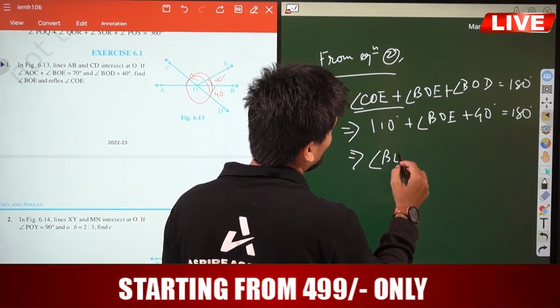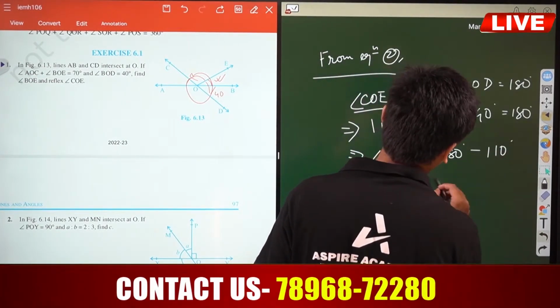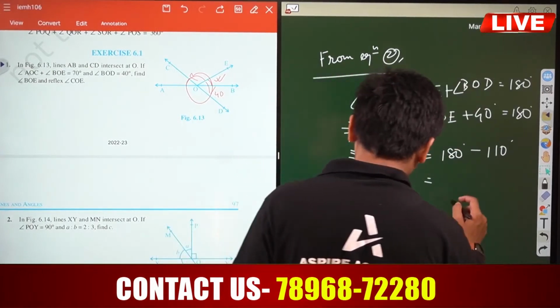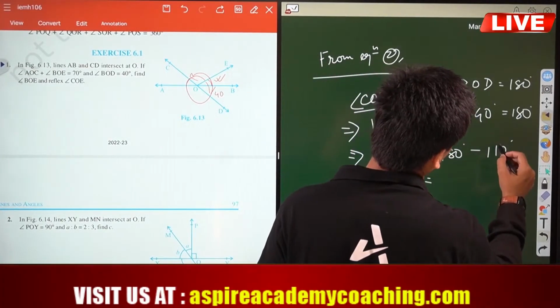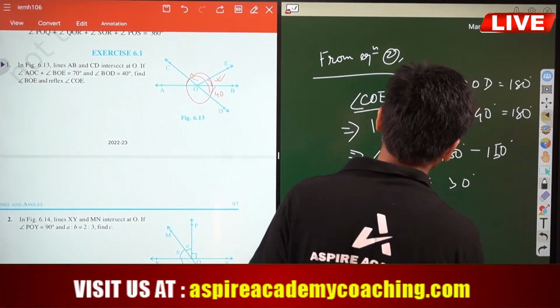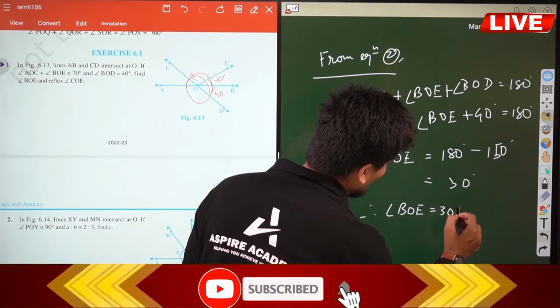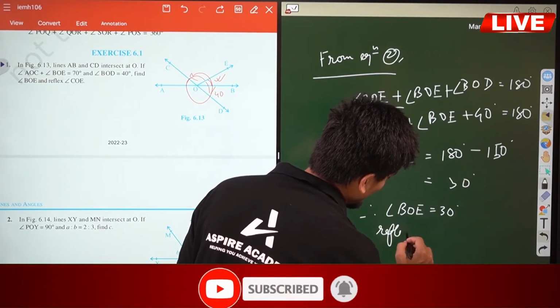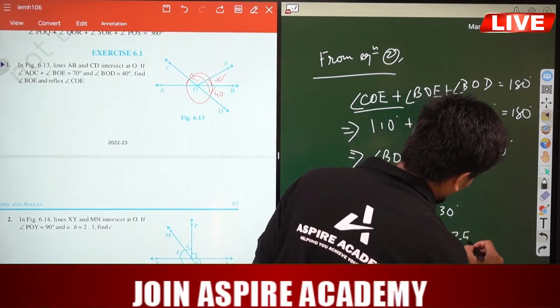Which implies angle BOE equals 180 minus 150, which equals 30 degrees. So therefore, angle BOE equals 30 degrees and reflex angle COE equals 250 degrees.